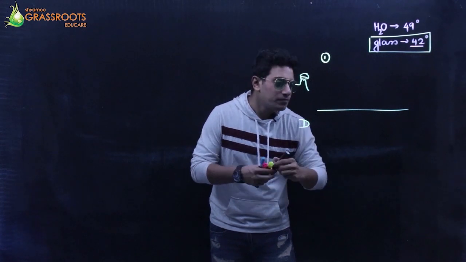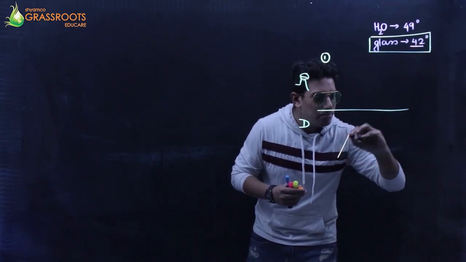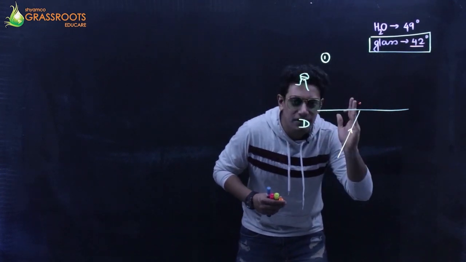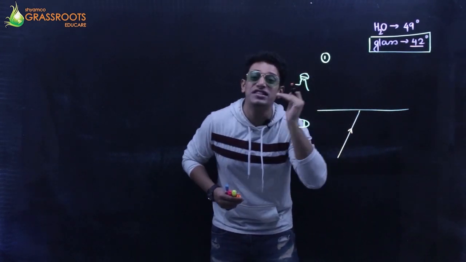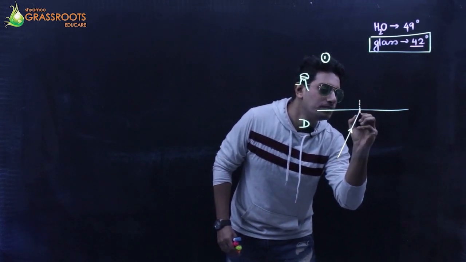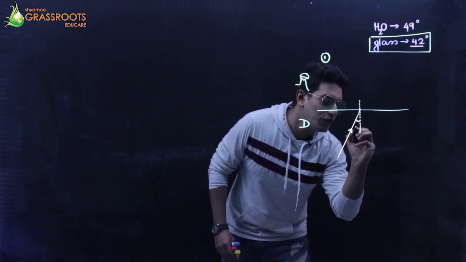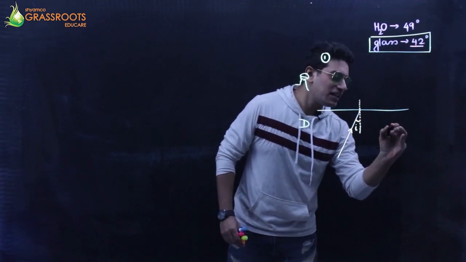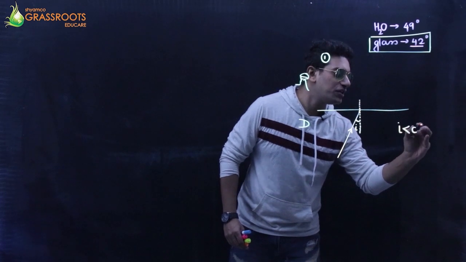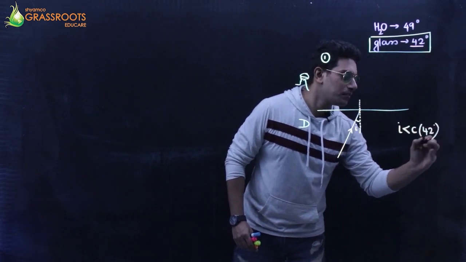Mind you, let's make a ray of light incident at an angle which is less than the critical angle, less than 42 degrees, at a normal. That's I for you all. I can say in case number 1, the angle of incidence is less than 42 degrees, which is the critical angle.